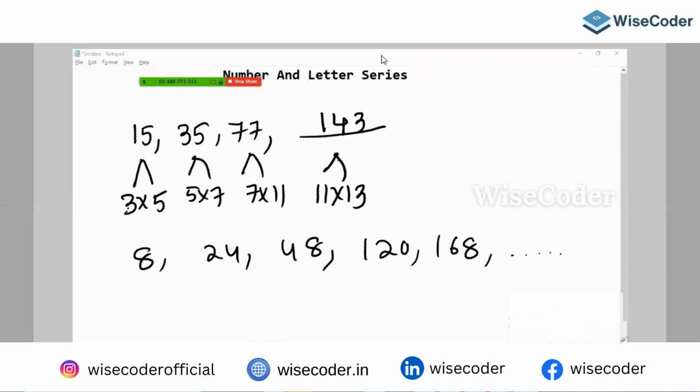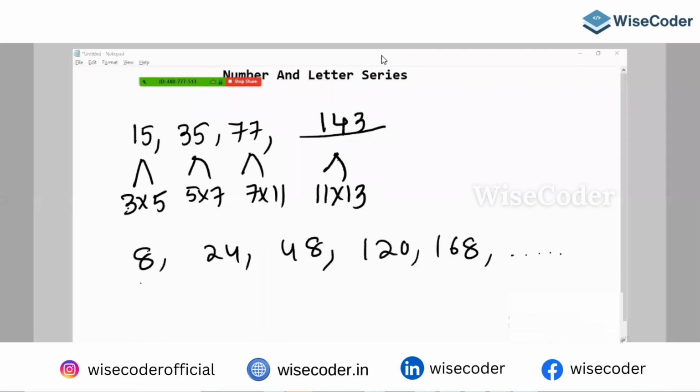But if you look at the terms carefully, you will find the terms are 1 less than squares of prime numbers.